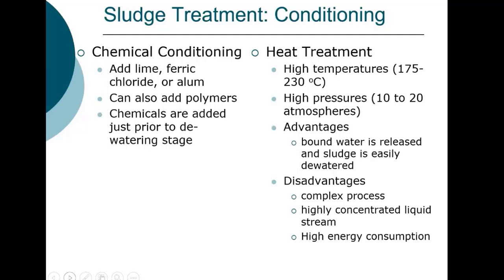It also has high capital costs and high operating costs, because you're dealing with high temperatures and high pressures. But the advantage is that you can produce sludges with about 50% solids content. So you can produce a high concentration of dry matter in the sludge, but it costs in order to do that.